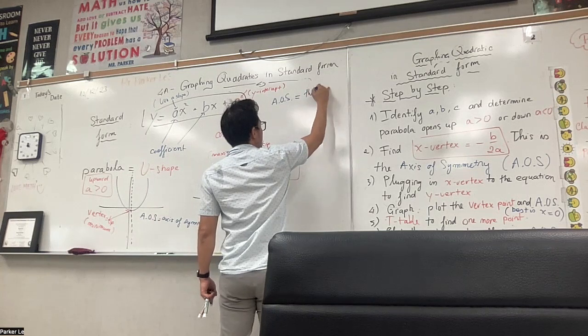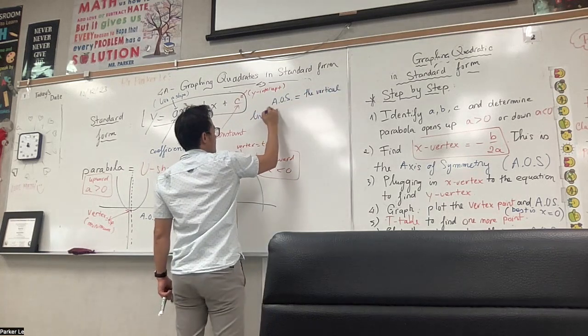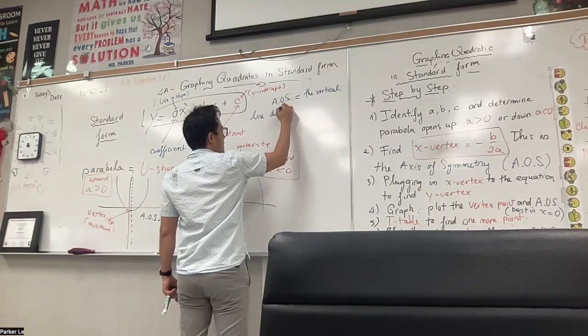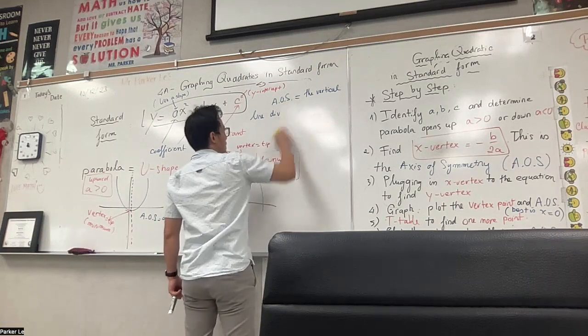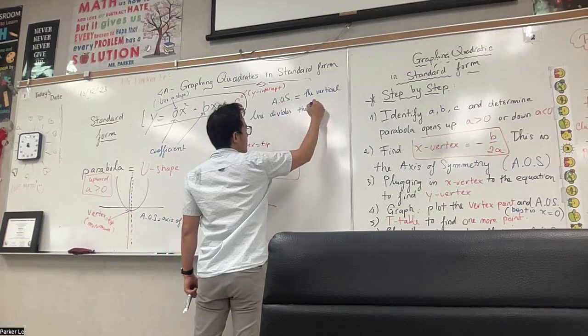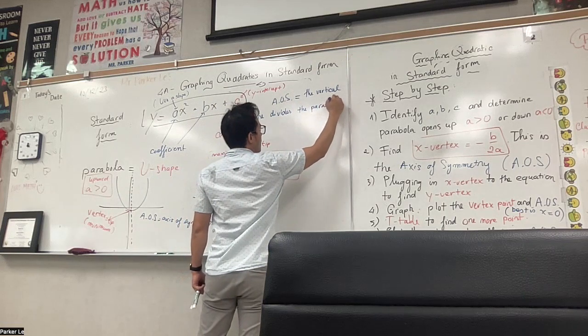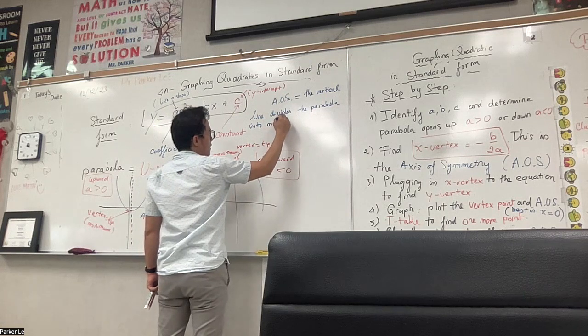So that's the vertical line. This vertical line divides the parabola into mirror images.